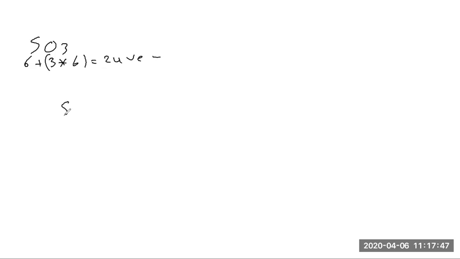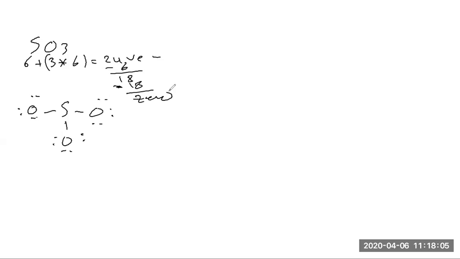Put S in the center, oxygen, oxygen, oxygen, minus 6, so 18. Make each oxygen achieve the octet rule. That's 18, but left 0. I don't have any chance to make it, but here we have these 3 possibilities.